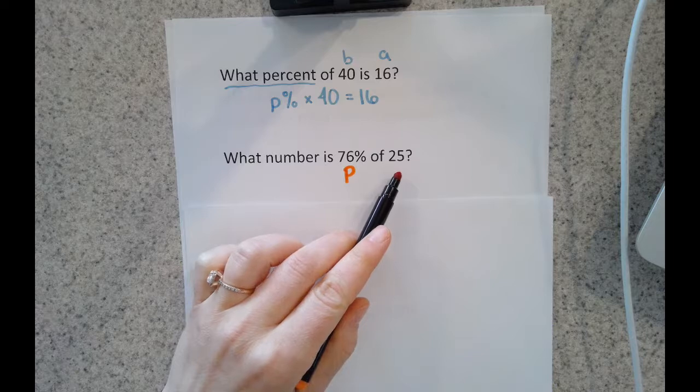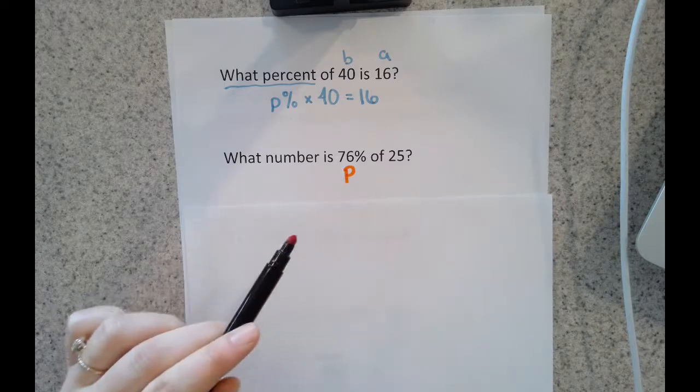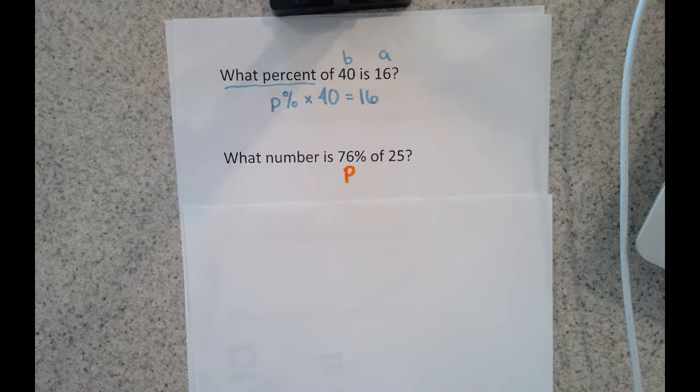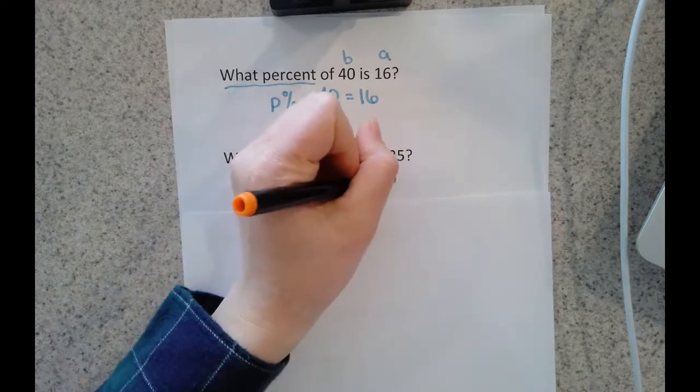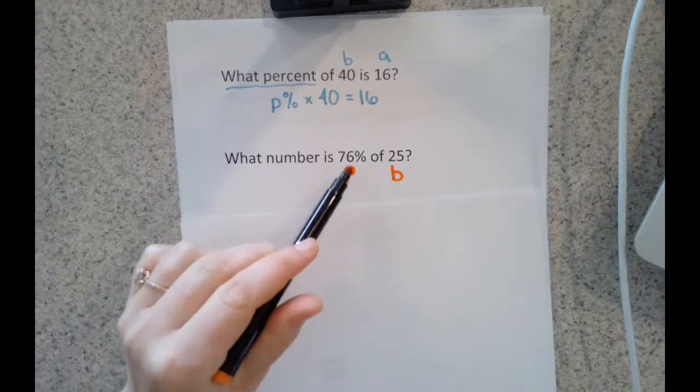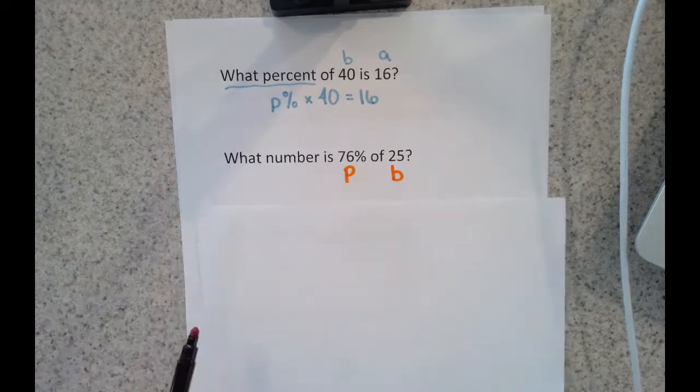Is 25 the total, the whole amount, or is it just part of the total? This all comes in reading the question carefully. What number is 76% of 25? If there's 25 students total and only 76% of the students got an A on the test, that means 25 is your total, it's your base, and a certain percentage of students got an A.